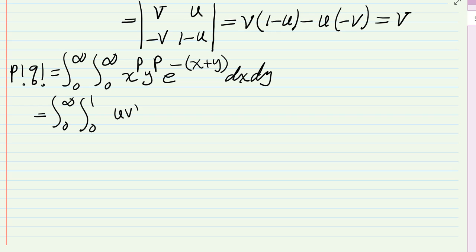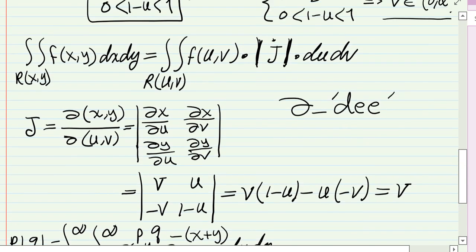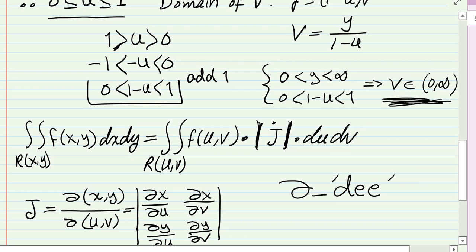X was uv to the p power, and y was 1 minus u times v to the q power, times e to negative v, and of course the Jacobian absolute value of v du dv. All right, but then v is positive, right? There you go. V is positive, so we don't need absolute value on v.